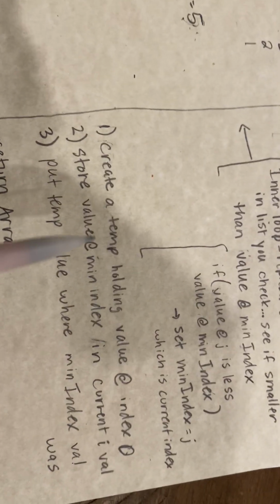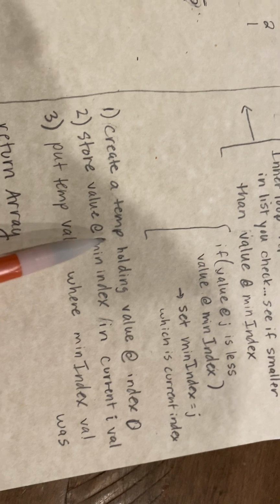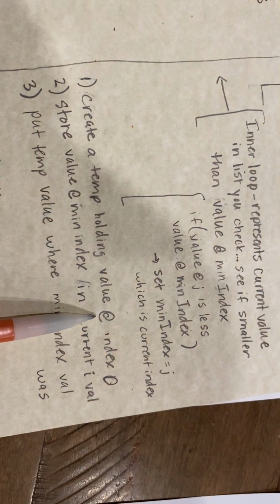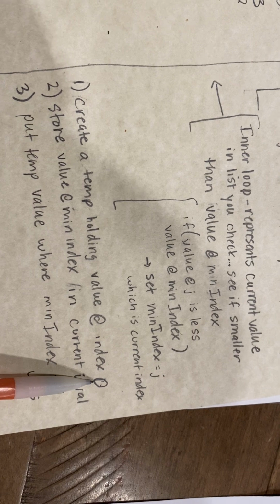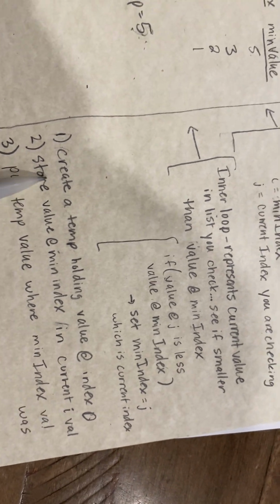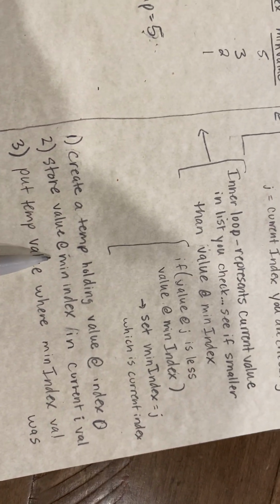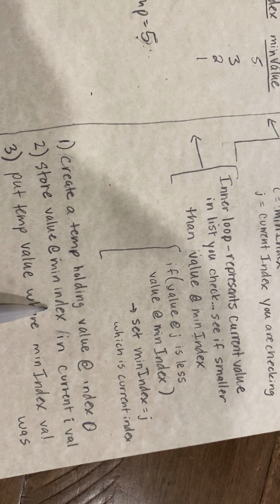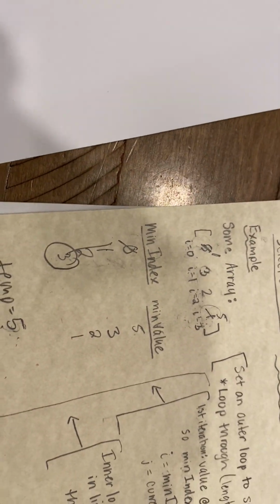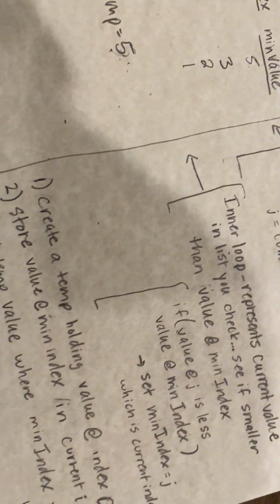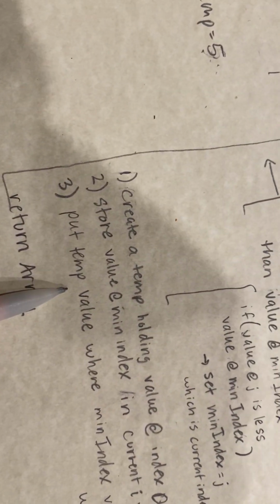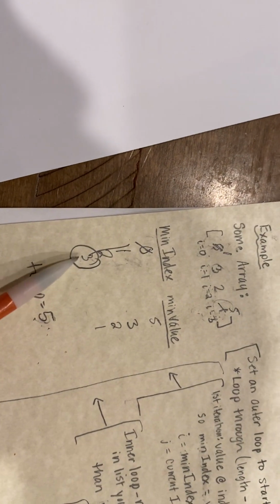And so this was kind of the way I told myself how to do that. Create a temporary holding value for whatever index you're at, in this case 0, normally at index I. You're going to store that value at the minimum index location. So since the minimum index location was 3, I stored 5 at that spot. And then I put our, I said that backwards, I'm sorry.